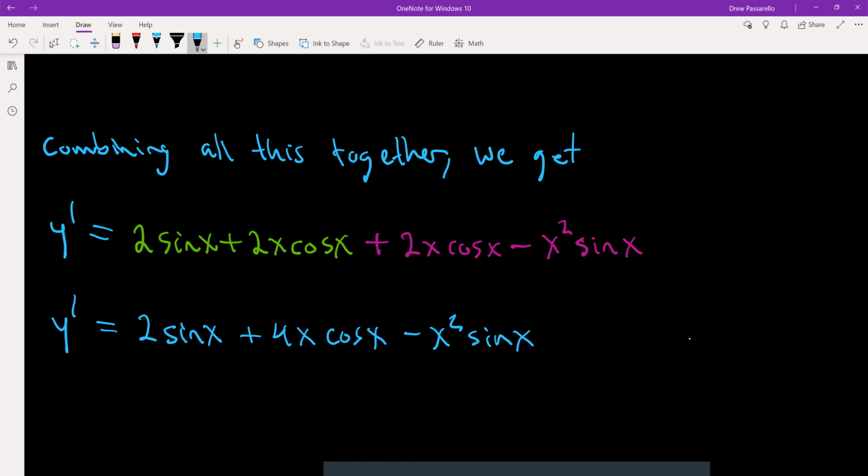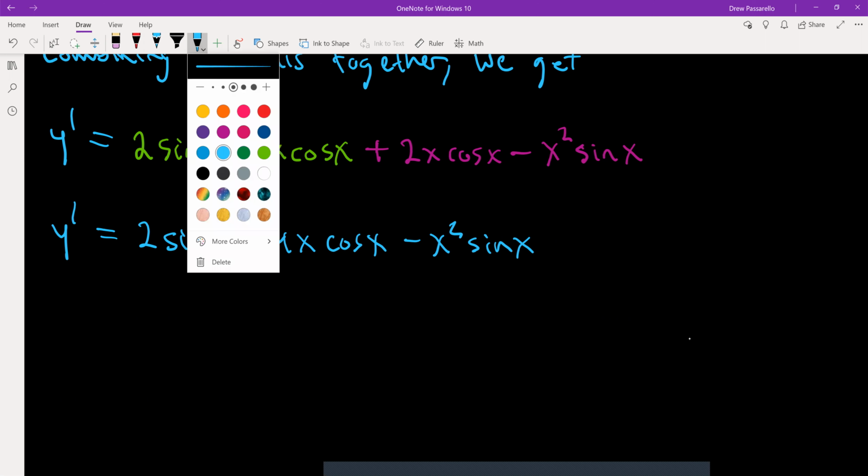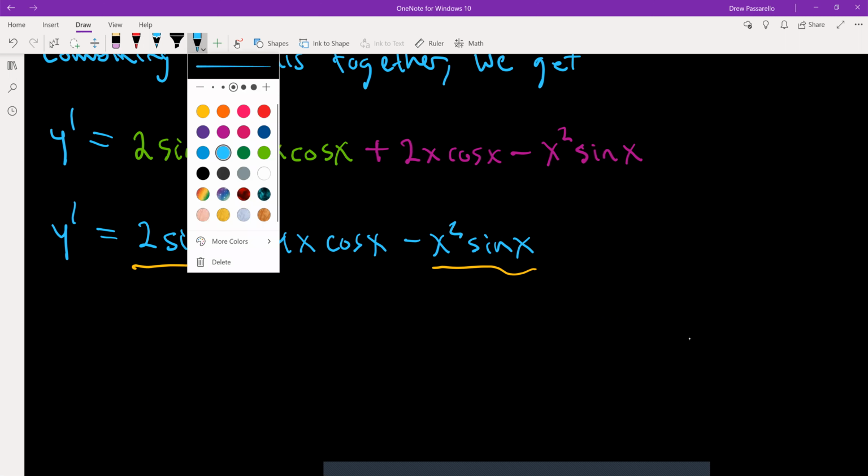Okay, let's see. If I try to combine any terms or do any factoring, is there anything I can factor? Just based on here, I have a sine x and a sine x right there. So I can factor out sine x for those two terms.